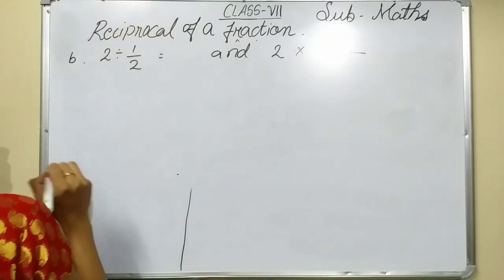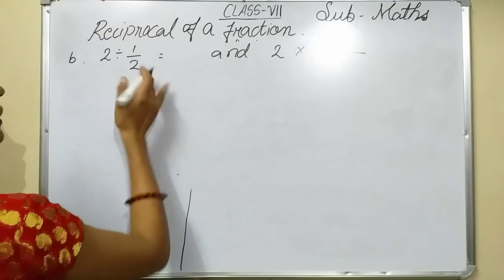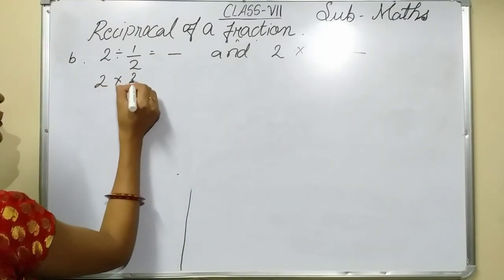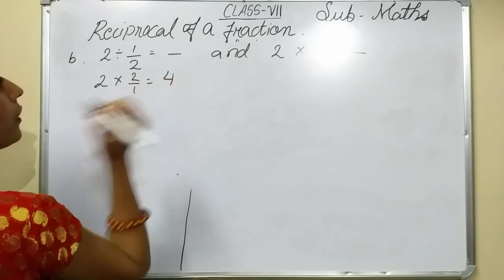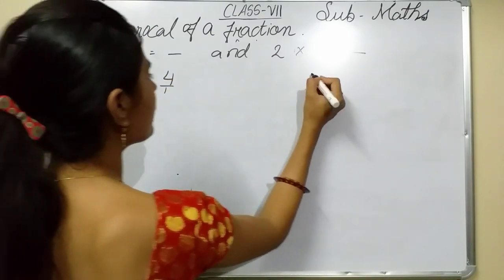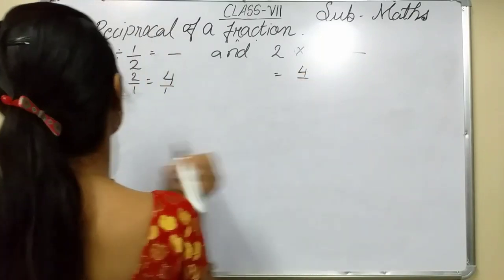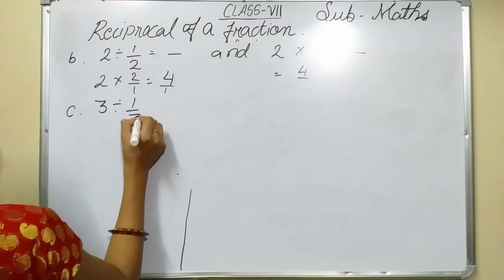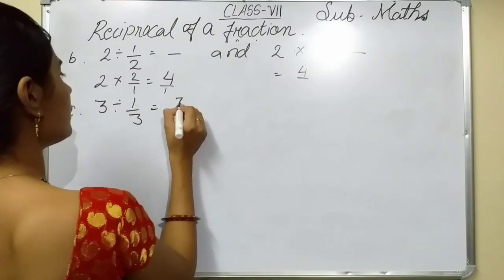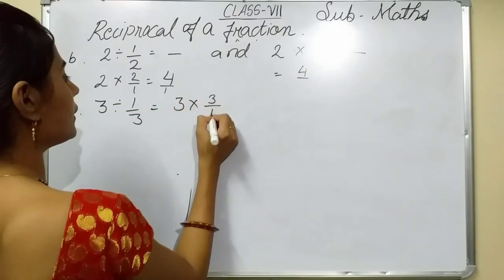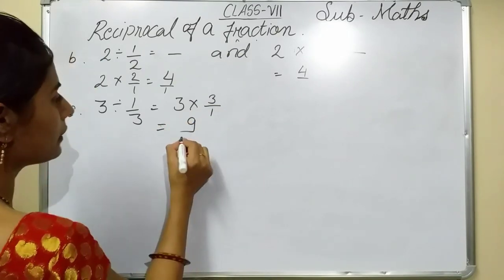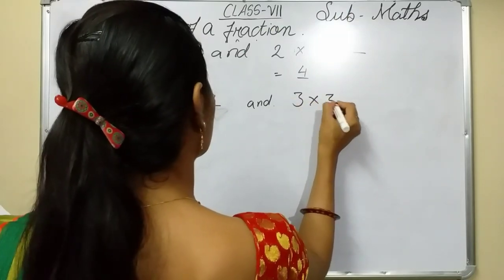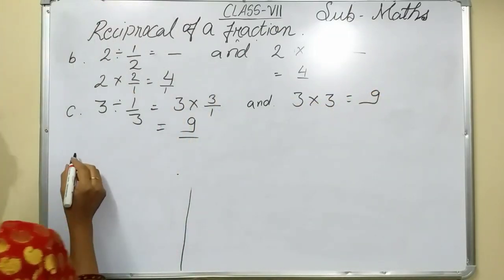You have to interchange, then you will get the answer. 2 into 2 by 1, that is 4 by 1, and here also the answer is 4. C. 3 divided by 1 by 3, that is 3 into 3 by 1, 3 3s are 9, and here it is given 3 into 3, 9.